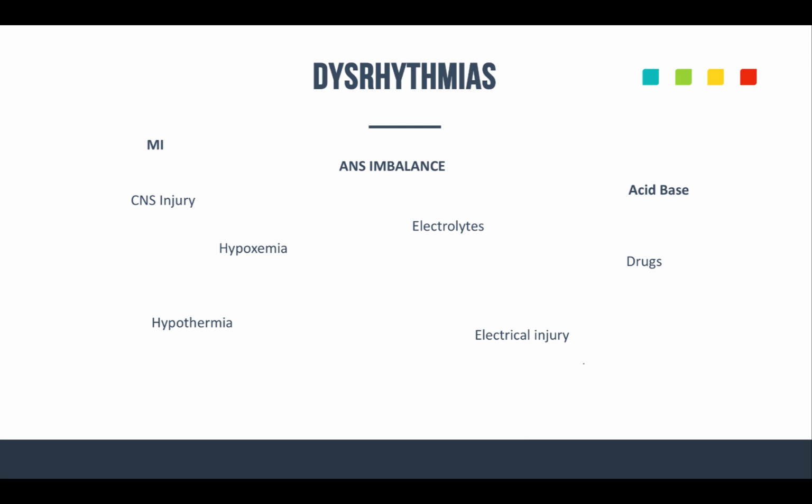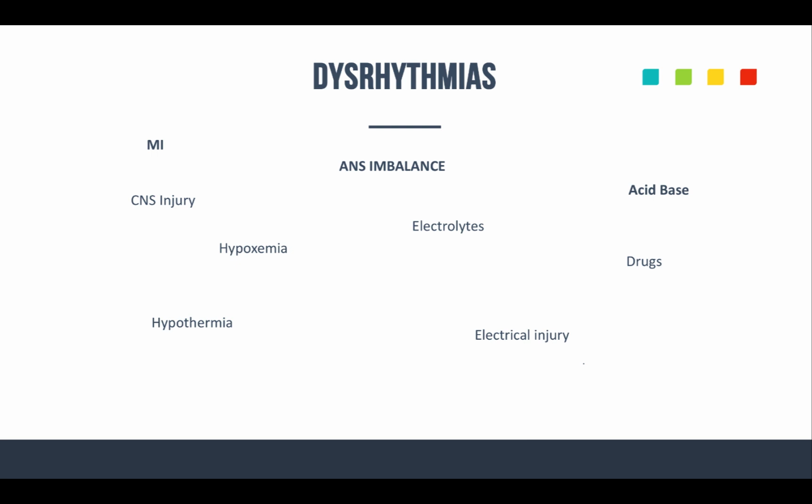So when you get patients who might have an acid-base imbalance, or might be hypoxic, or might have an electrolyte imbalance, these are the things where you might start thinking, okay, I might be looking for some type of dysrhythmia going on, maybe PVCs, maybe some type of a block, maybe PACs, any type of thing that might be going on.